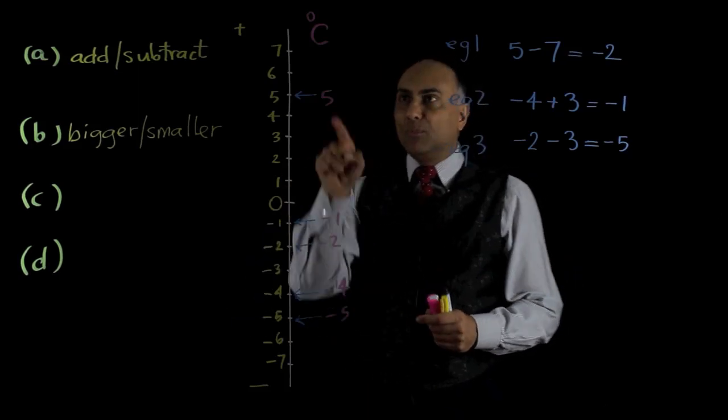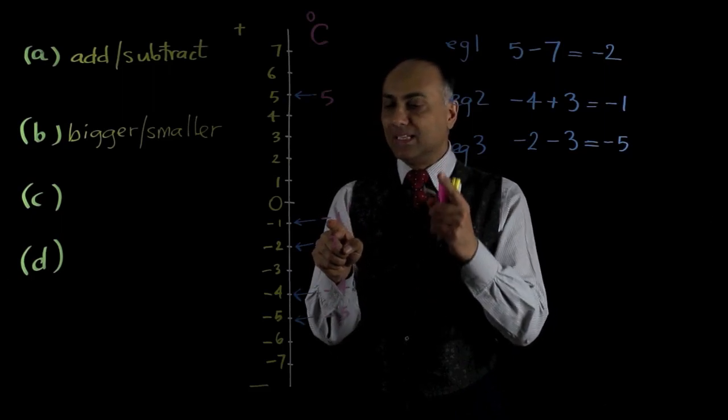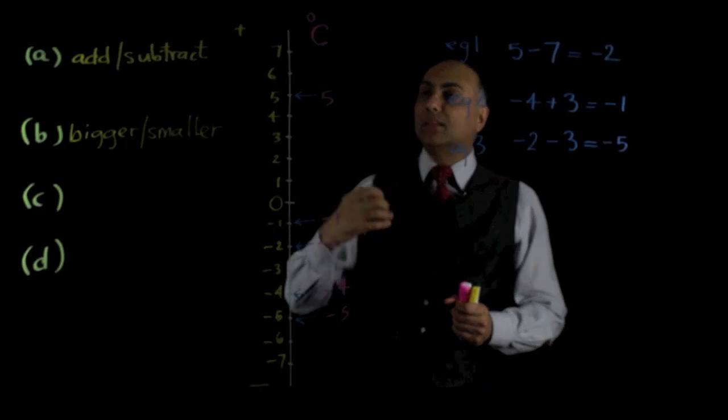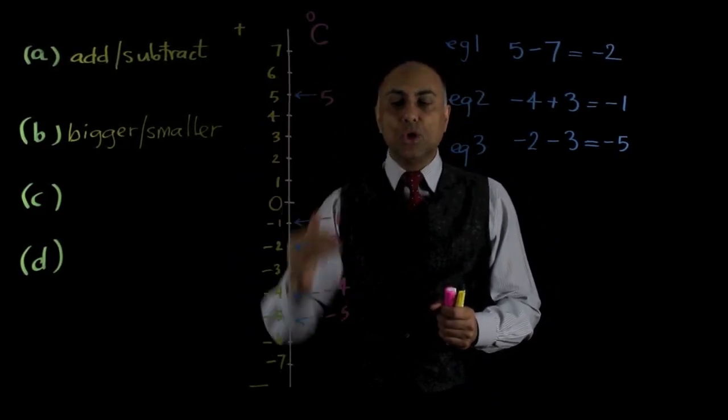So now, if we imagine that this 5 is 5 degrees centigrade, minus 1 degree centigrade, minus 5 degrees centigrade, again, we can answer simple questions about which is warmer, which is cooler, which is hotter, which is colder.